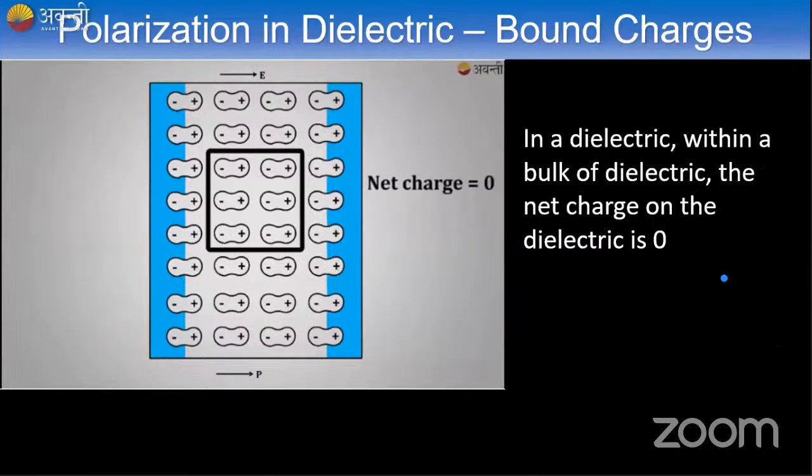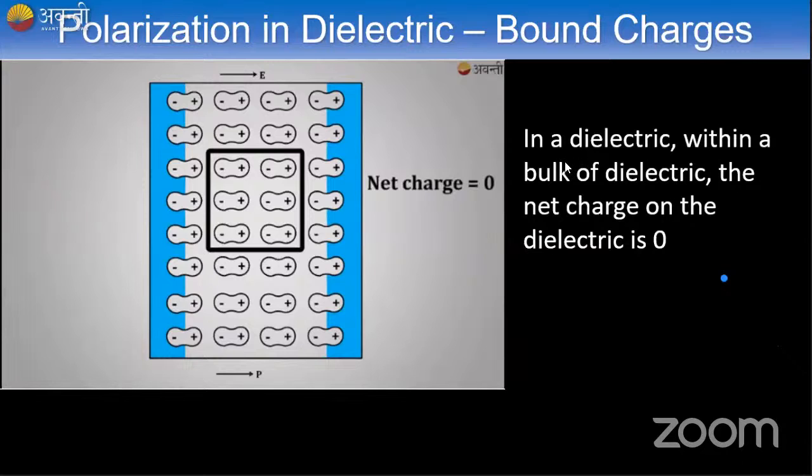If we consider any block inside a dielectric, a fixed amount of charges, we can see that the total number of positive charges and the total number of negative charges at any point inside the dielectric medium cancel. So the net charge inside the dielectric would be zero.